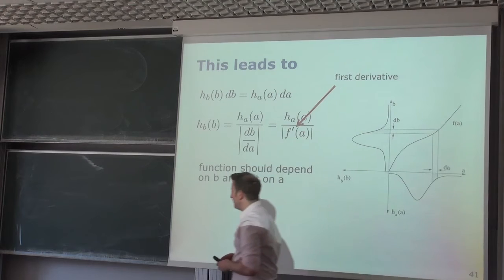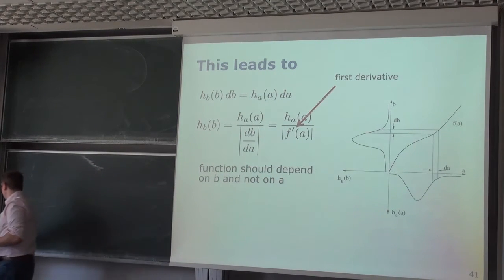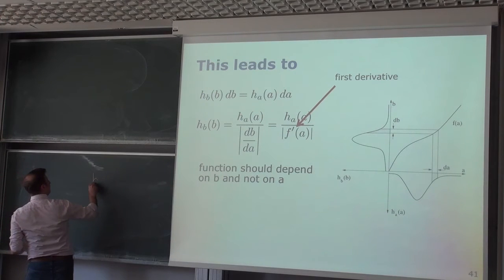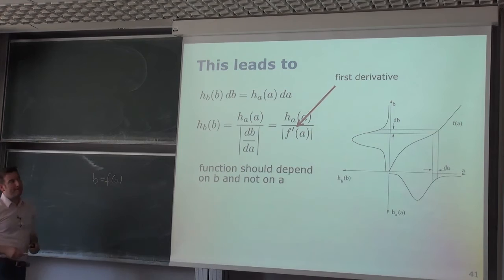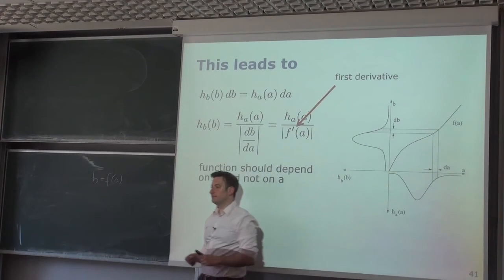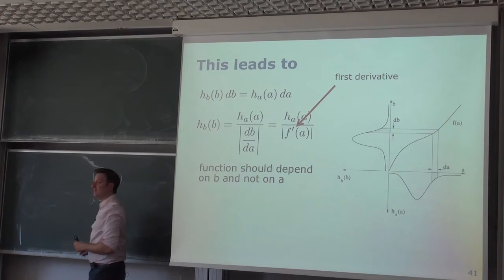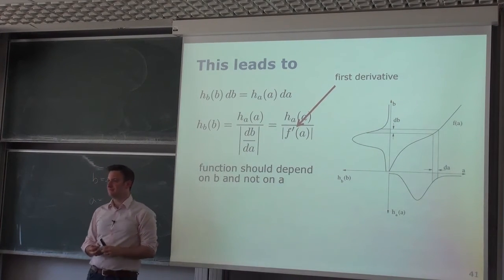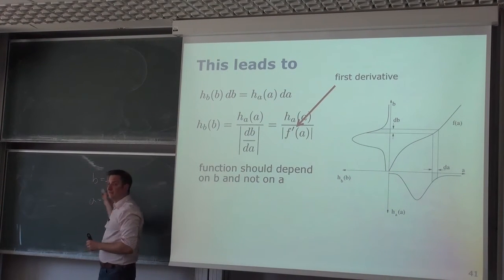So we have the relationship b equals f of a. I have my function which only depends on a. So what I basically need is a equals something. How do I get that?